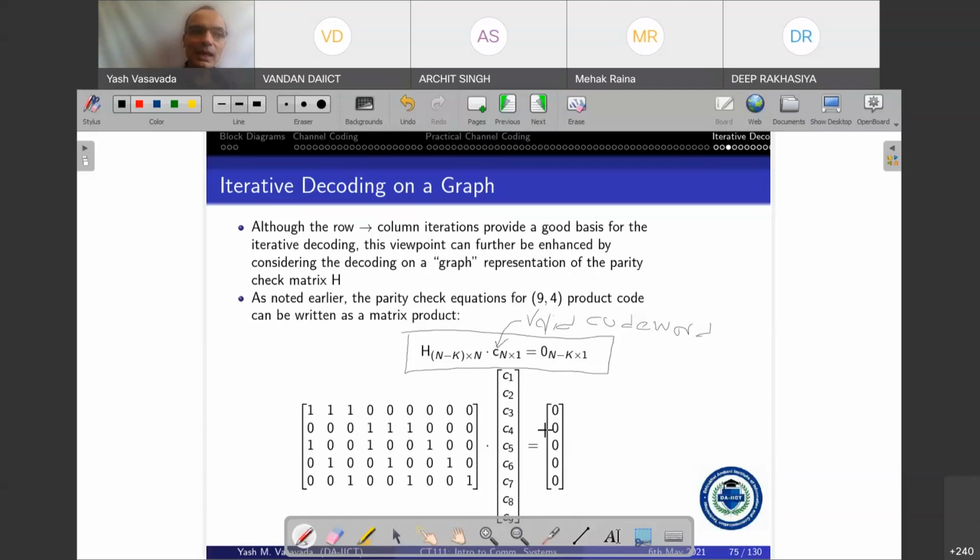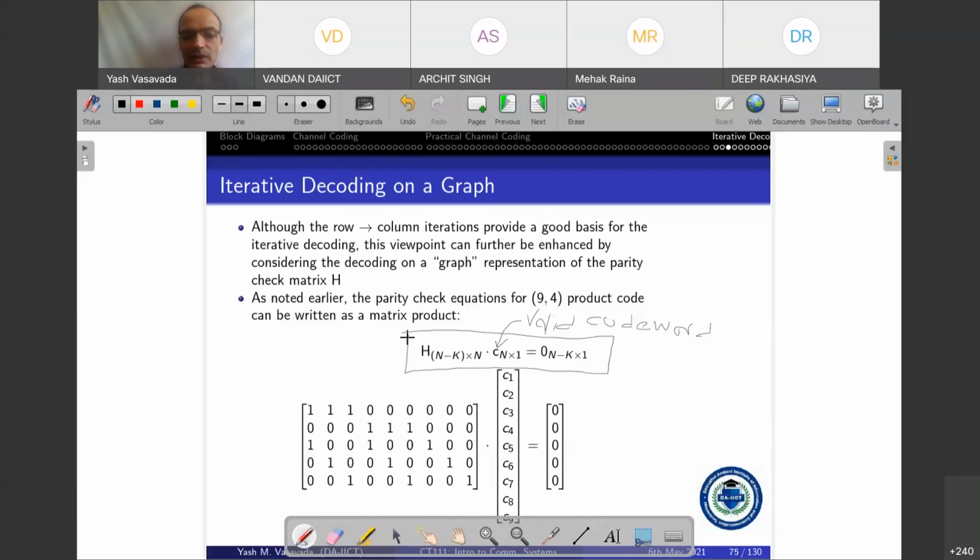So no wonder if you add all the first 3 bits in that matrix, you are going to get a 0, because that's how the first parity bit was defined. Similarly, the second parity bit was defined in that manner, and so if you add bits C4, C5, and C6, no wonder you are going to get a 0. So this may seem like a fancy matrix equation, but all that it is saying is that the generation of the code word follows these parity check equations.